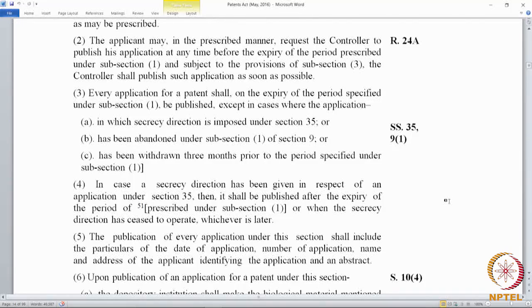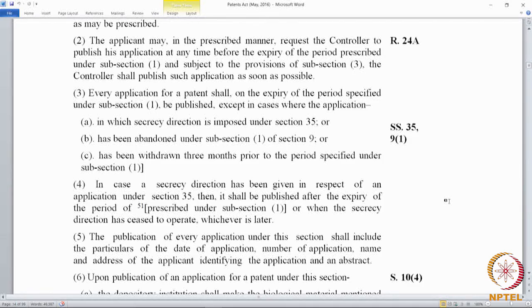Once a complete is published, it is possible for you to approach the patent office, because you can make a request for information and you can ask for copies of the provisional. If there is a provisional, after the complete is published, you could request a copy of the provisional, but the provisional in itself is not published.